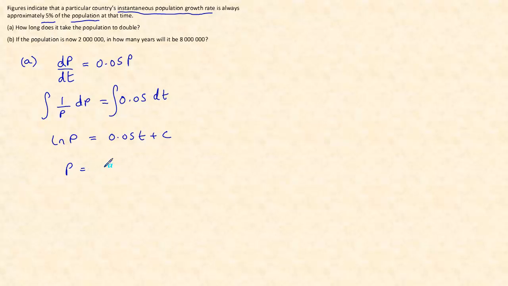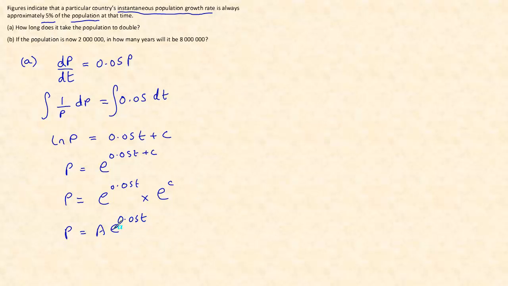So p is e to the 0.05t plus a constant. Now we could write that as e to the 0.05t multiplied by e to the c, and then let's call e to the c a. So p is a e to the 0.05t.